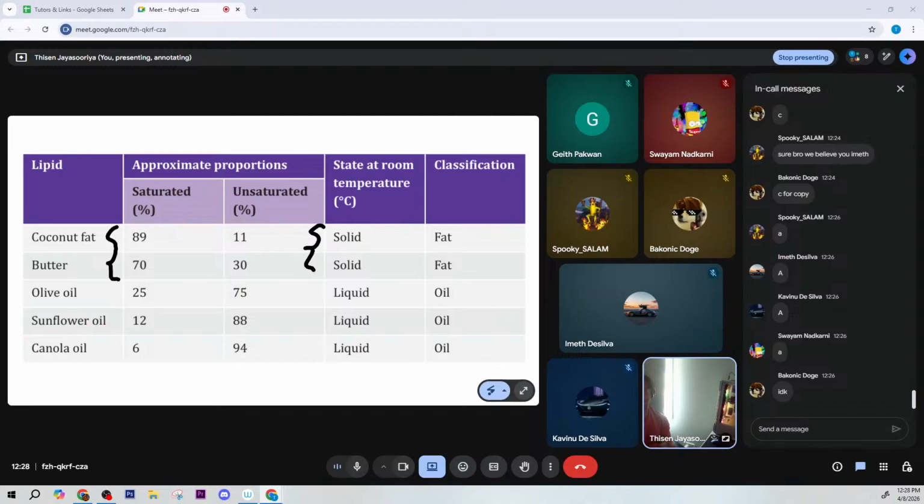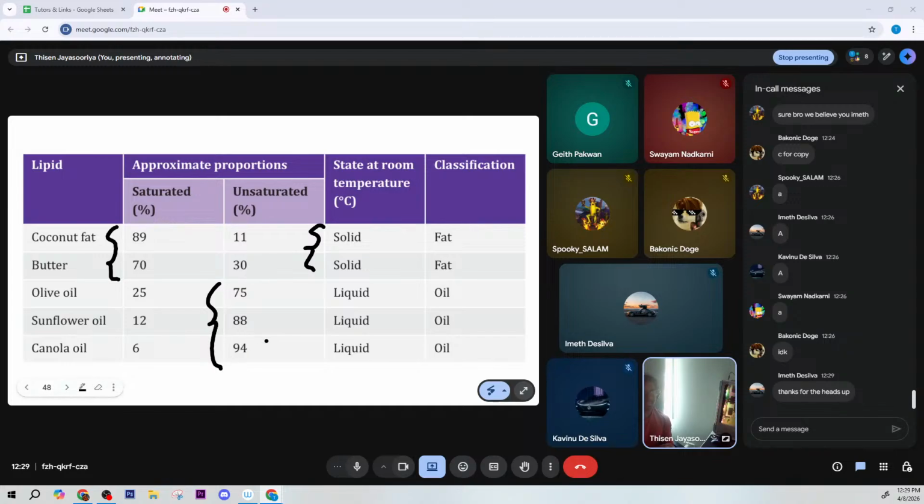But we can see that the higher the percentage of saturated lipids, or fats, that it contains, the more likely it's going to be solid. Does that make sense? Whereas if it contains more unsaturated fats, it's most likely going to show up as a liquid or an oil.